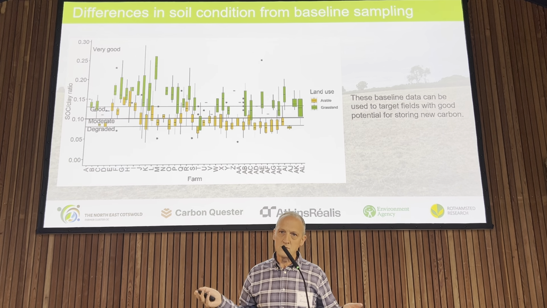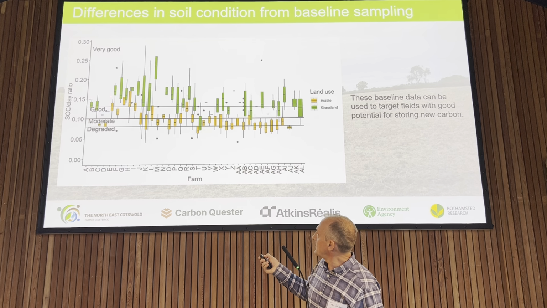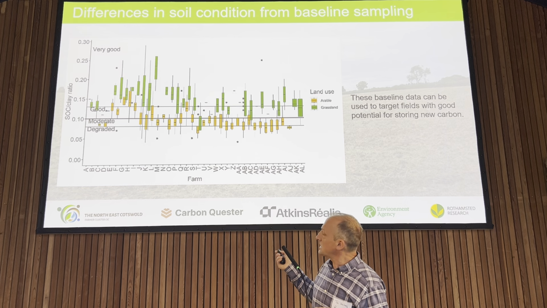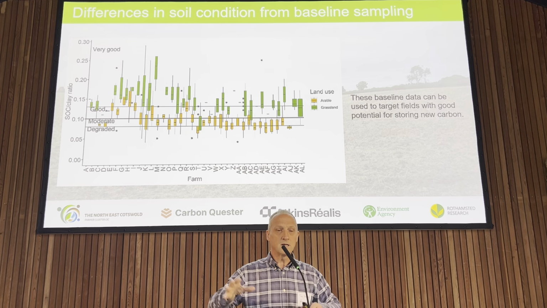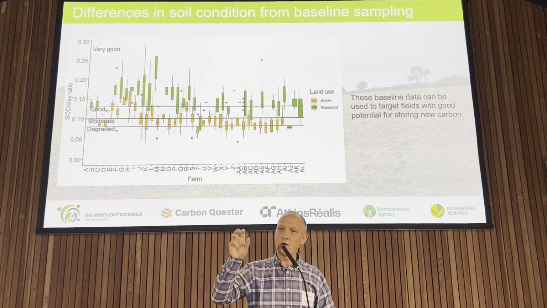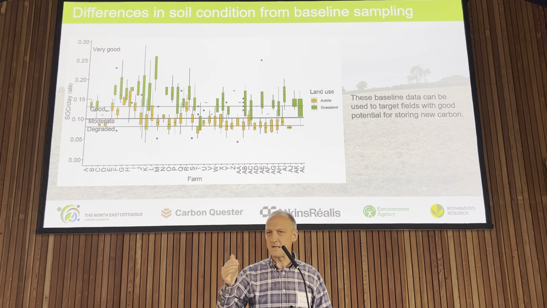And that raises loads of questions. What's happening differently in these fields up here compared to those fields, these fields compared to those fields? So we see big differences between farms, between management systems, between enterprises. So there are farm scale differences that we can explore, and there are also field scale within-farm differences. And again, I was talking over coffee about some of the things that might explain that.